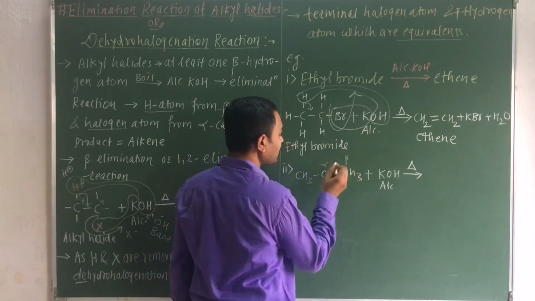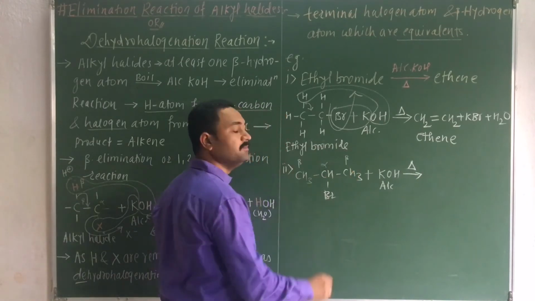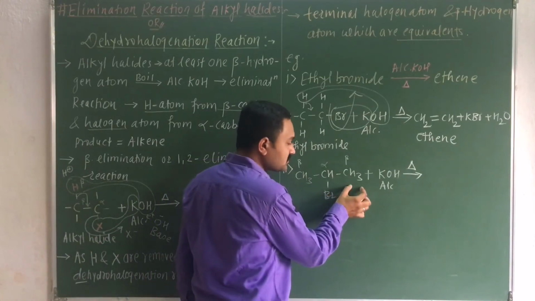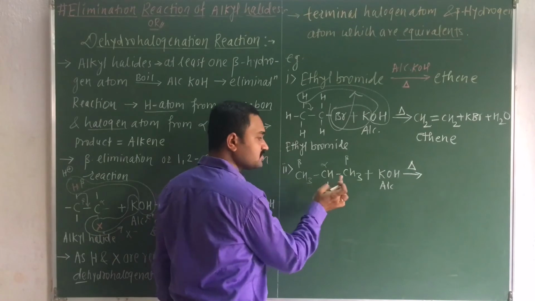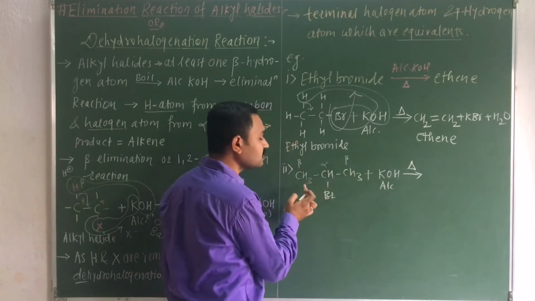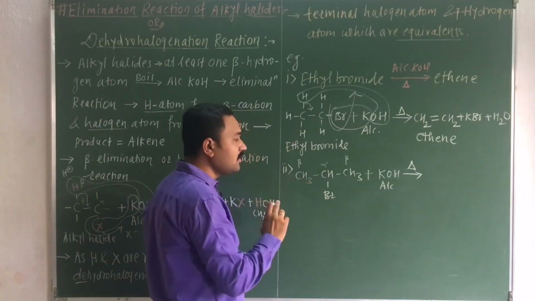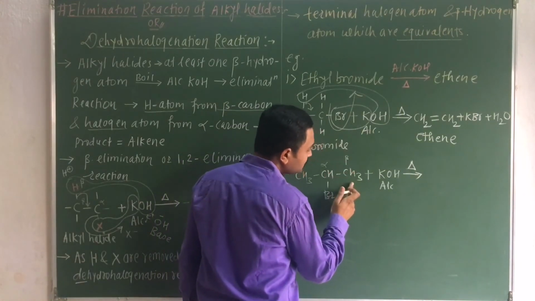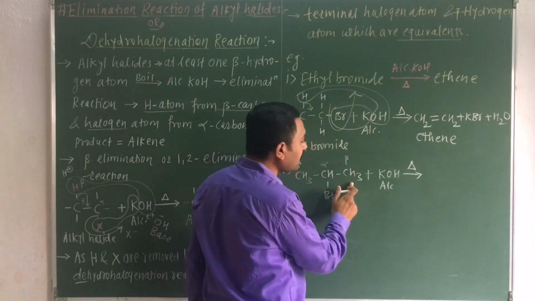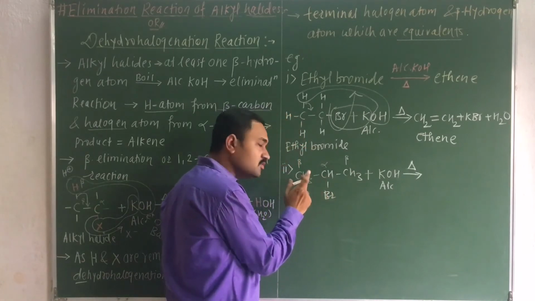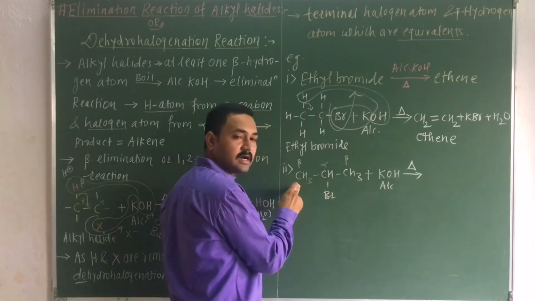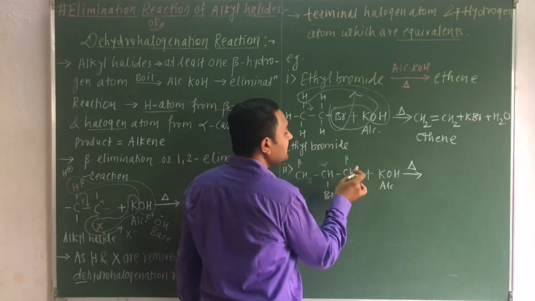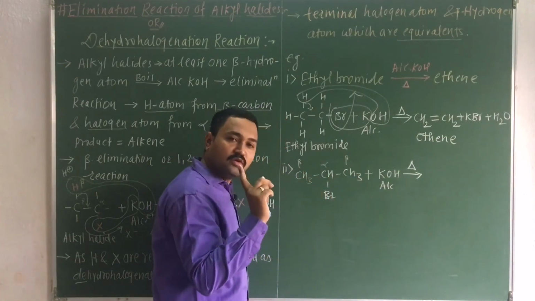This will be your beta carbon atom and this carbon atom will be the other beta carbon atom. So there is a possibility of removal of the hydrogen atoms either from this carbon atom or from this carbon atom. But it doesn't matter, you will get only one product. Either you remove the hydrogen atom from this beta carbon atom or from that beta carbon atom, it doesn't matter. Remember, both beta hydrogen atoms will give only one product.